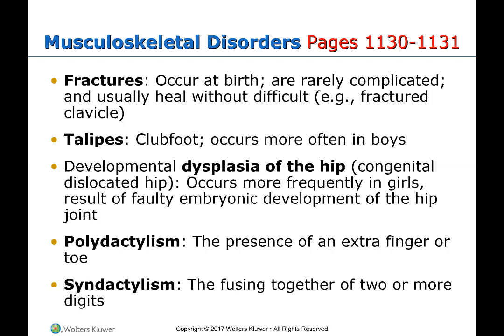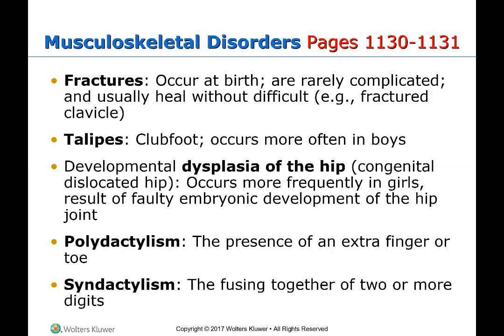So congenital dislocated, and it does say developmental dysplasia of the hip. If this happened during the birth process, then it wouldn't be developmental dysplasia of the hip. Okay, so the hip joint is unstable, and what are they going to have to do? They're saying the head of the femur does not sit securely in the acetabulum. They need to do something. They need to keep it in place.